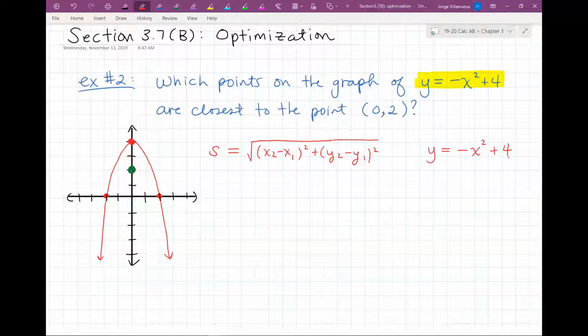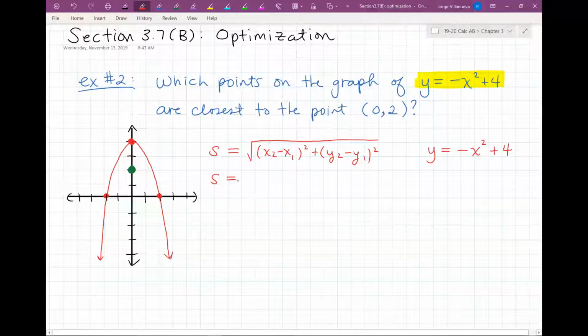All right, so my objective is to minimize distance. That means I'm going to have to take a derivative of distance. Okay? So when I take the derivative of distance, you can see that there's 3 main variables, a whole bunch of different ones, right? But there's 3 main variables. So what can I do? Well, they give me a specific point, 0, 2, so why don't I use that right now? So let me plug that in.